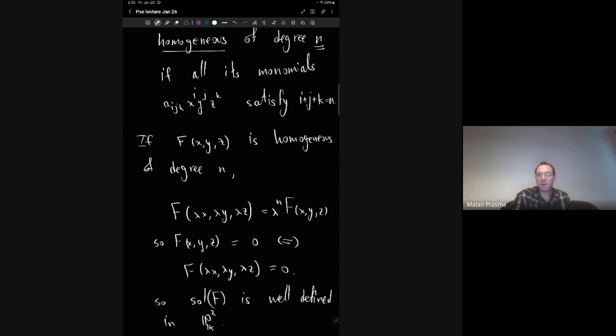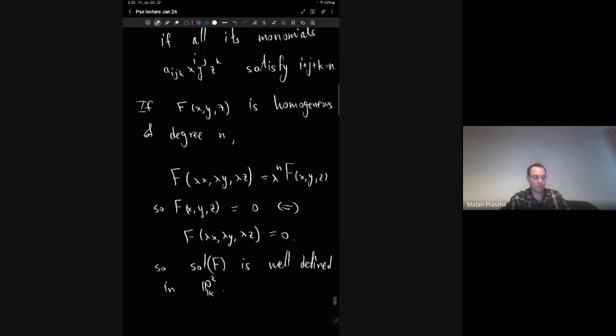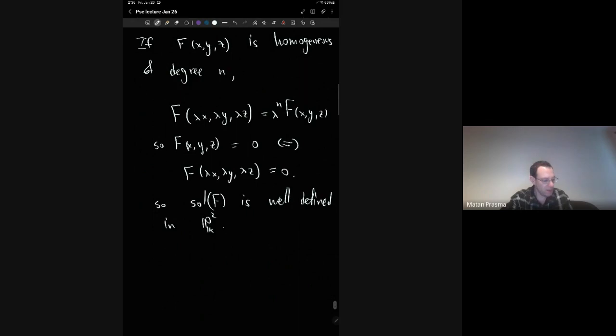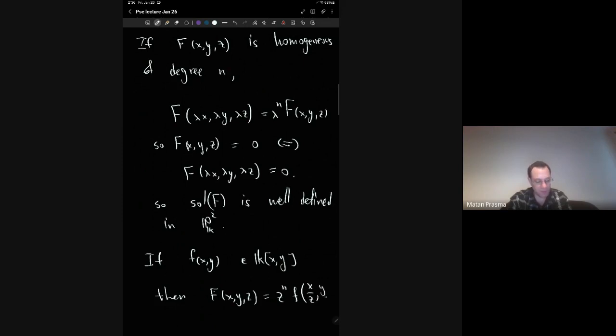Now, if f(x, y) is any polynomial in two variables, then I can define F(x, y, z) to be the polynomial z to the n times f(x over z, y over z).